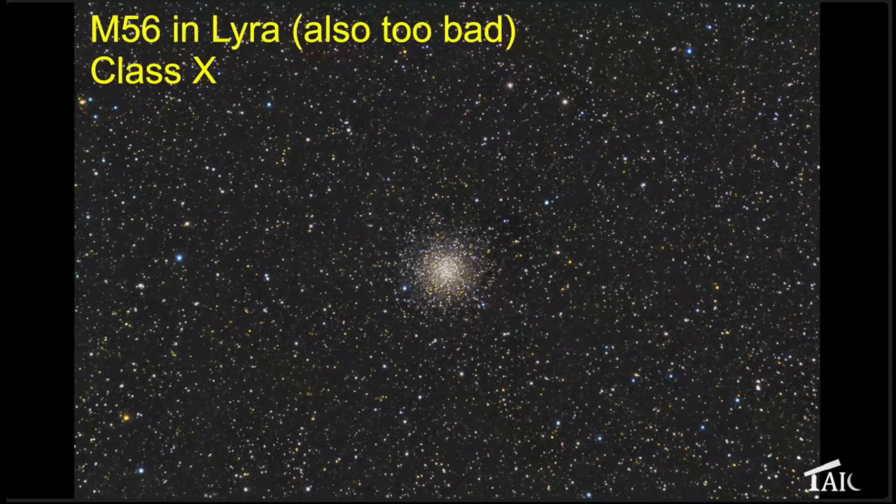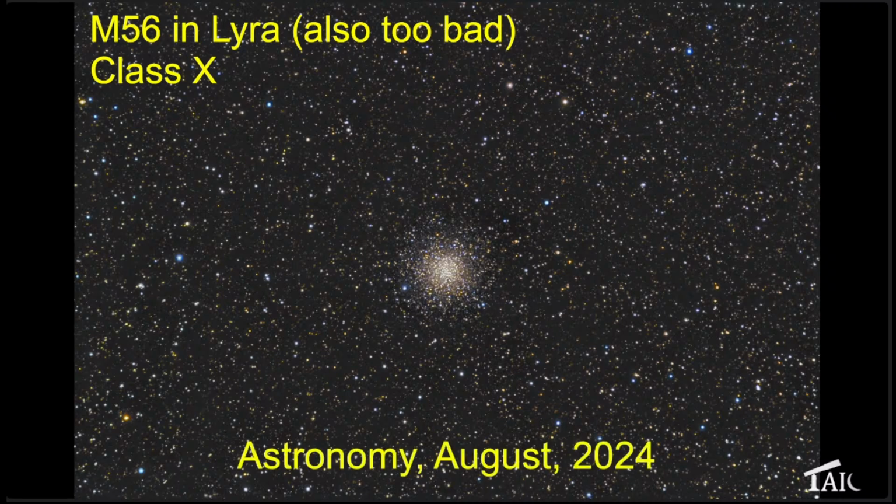It's a class 10 globular, and it's one of the smallest globular star clusters in the Messier catalog, even though it's lying at a fairly close distance of 33,000 light years. But to look at this globular star cluster embedded in this deep, rich field of countless colorful Milky Way stars is a real treat. And this was published in the August 2024 issue of Astronomy.